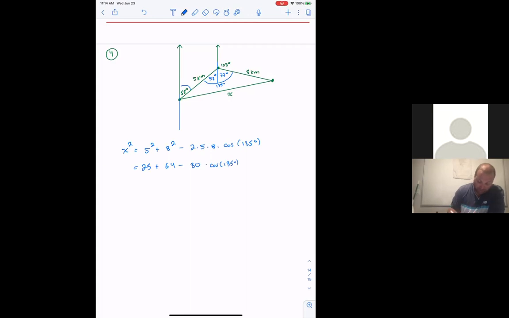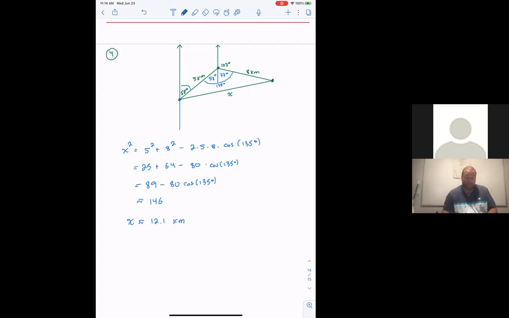So 25 plus 64 is 89 minus 80 cosine of 135 degrees. That gives me approximately 146. Again, I'm only writing 3 digits, but there's a lot more on my calculator. But either way, the square root of this number is 12.1, and my units are kilometers.